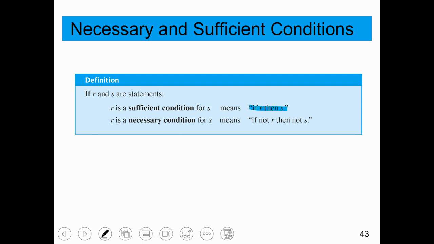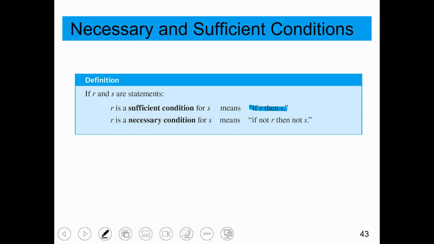But it means that R is not the only way for S to happen. That's what a sufficient condition means. If R is sufficient for S, then R is merely one way to ensure that S happens. But maybe something else could also make S happen.